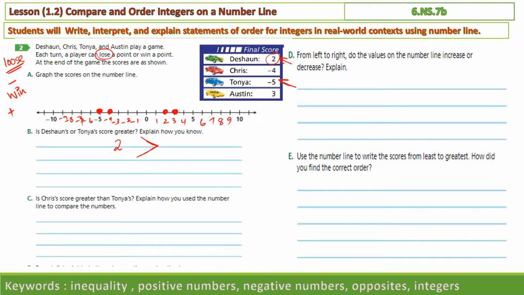We studied this also, that the open mouth means greater and the closed mouth means less. So 2 is greater than negative 5. Why? Because Deshaun wins 2 score and Tanya lost 5 score.